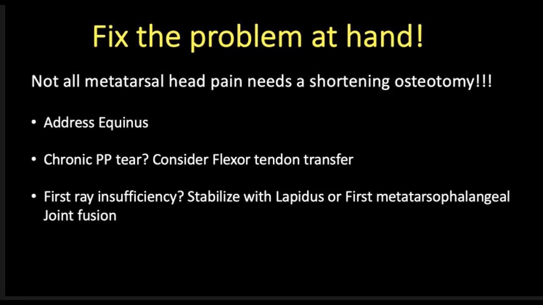Oftentimes, I am addressing all these things with first MPJ fusion or a Lapidus to help stabilize the first ray. Sometimes you get these real chronic patients, real bad crossover toes that need to be addressed with more stabilizing procedures in order to alleviate their metatarsal head pain. But like I said, equinus is something that really needs to be addressed because this is probably your bigger problem.